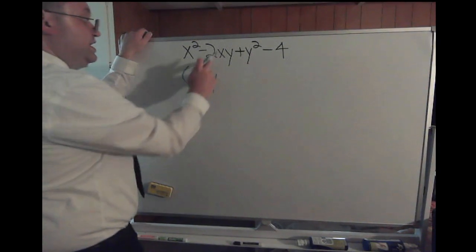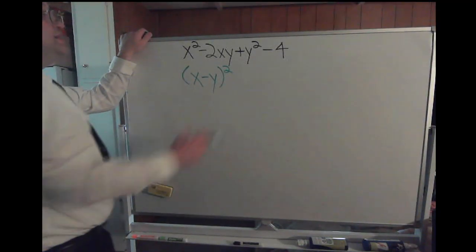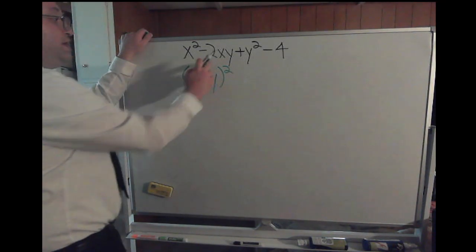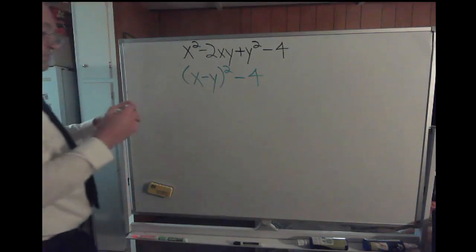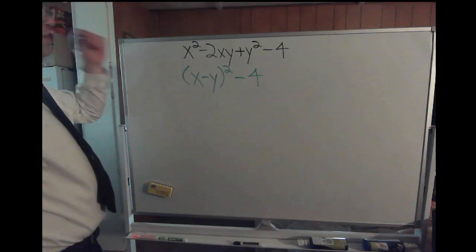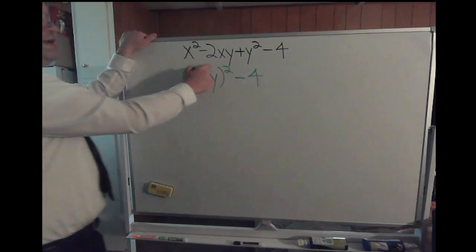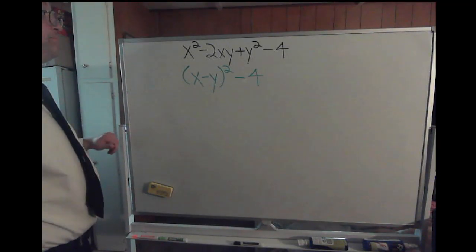Multiply that by 2, you get negative 2xy. So in other words, this is another binomial square. You have (x minus y) squared for the first part, then minus 4. So if you can recognize how to check for a binomial square, it's going to make your life so much easier.